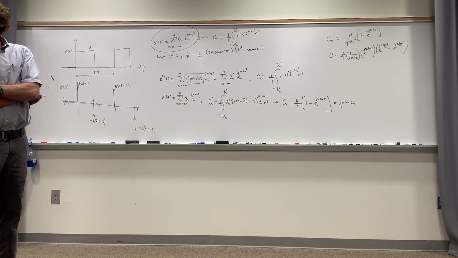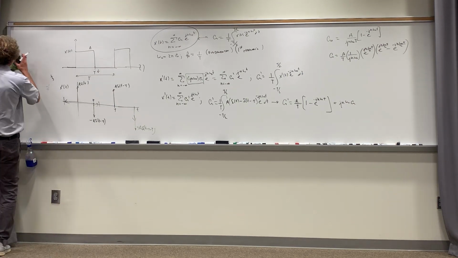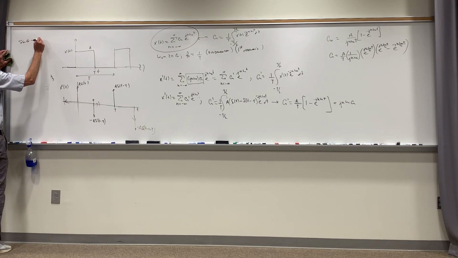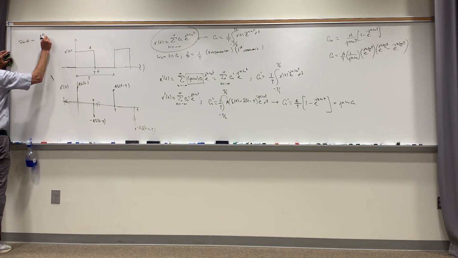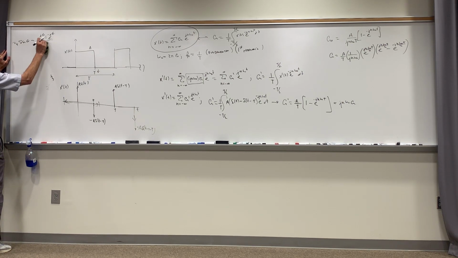Anyone? Because the sine of theta is equal to e to the j theta minus e to the minus j theta over 2j, right? Correct, class? So if I multiply both sides by 2j, I get this, don't I?